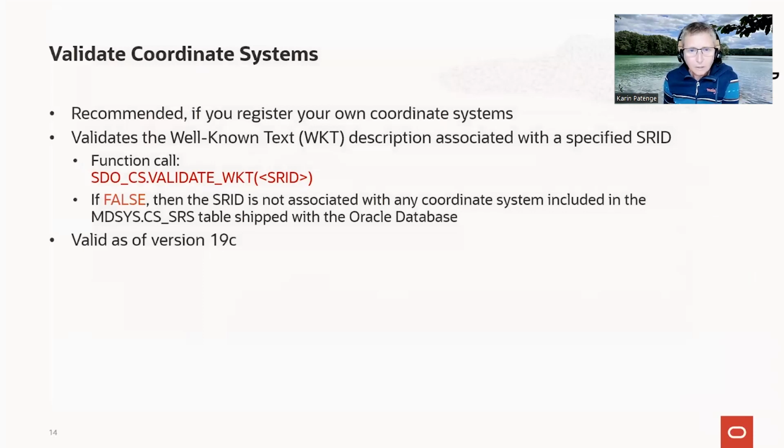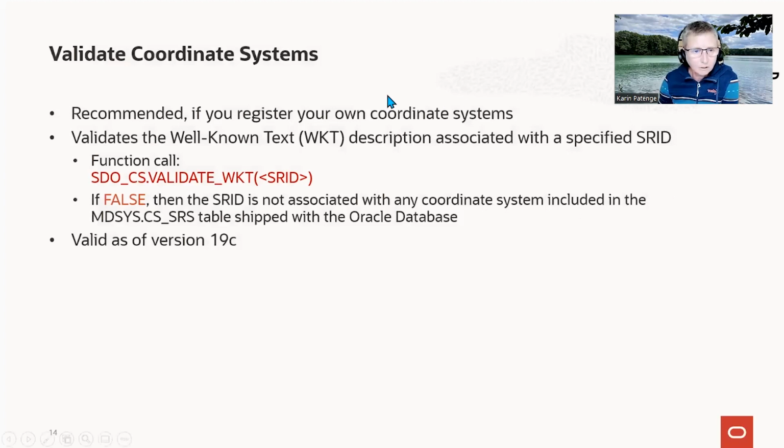Okay, we have something new, which is also validating the coordinate system. I mentioned before that since 19c, we also check that for 3D data, there should be a 3D coordinate system used. And in general, we also have a function to validate all the coordinate systems registered in the Oracle database.